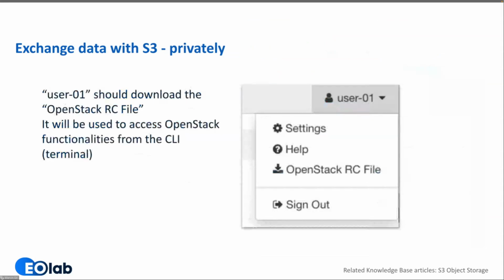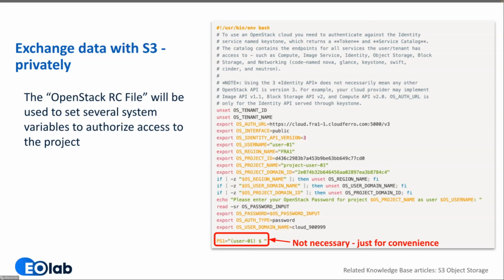And both user one and owner can now download the OpenStack RC file, and this file will be used to configure the CLI, so the terminal, so that the users can access object storage and objects from command line. So this is the example RC file.